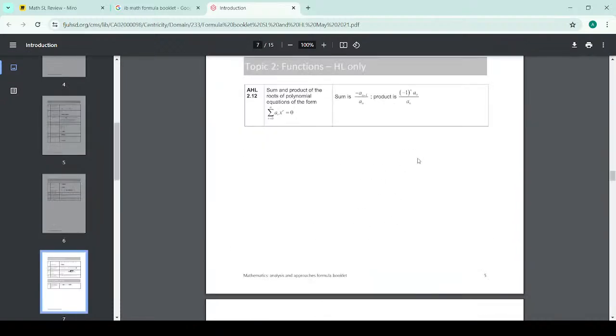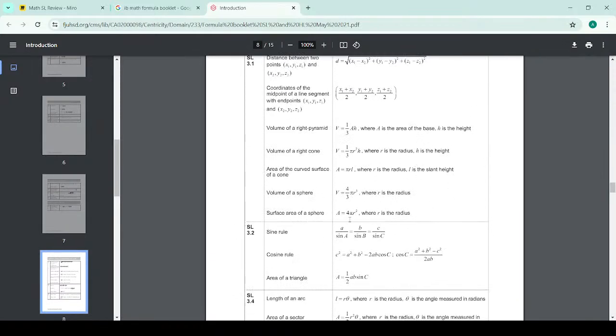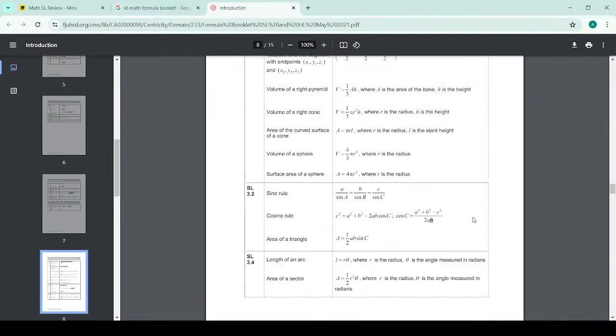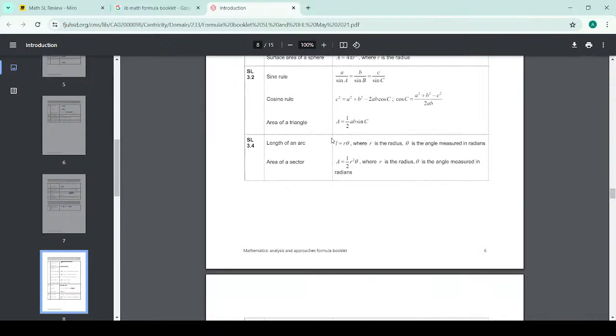Right, so geometry and trig. Okay, so law of sine, law of cosine, definitely need to know that. Area of triangle. This one's pretty important as well, but it's just an extension of law of sine.